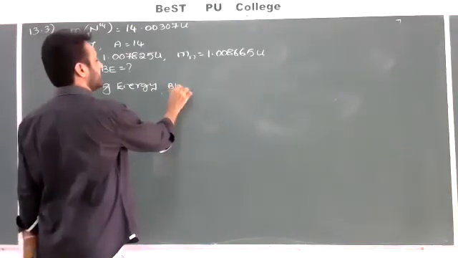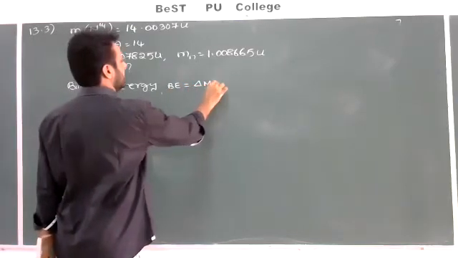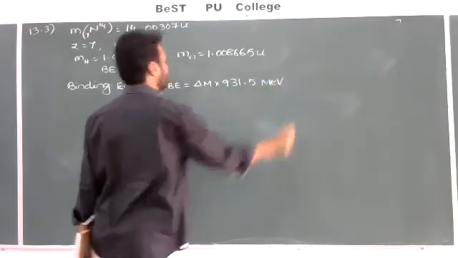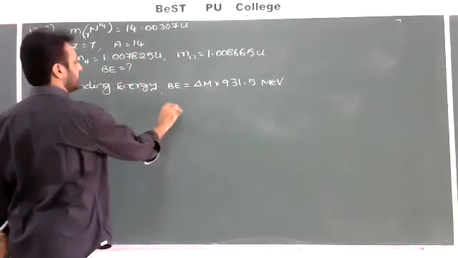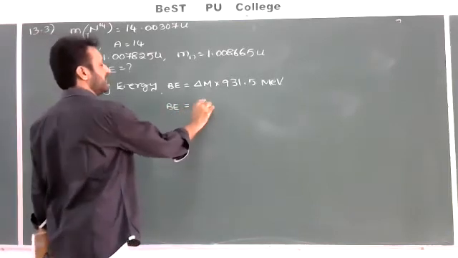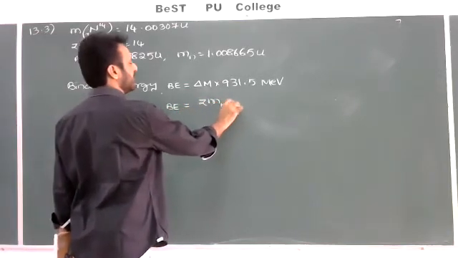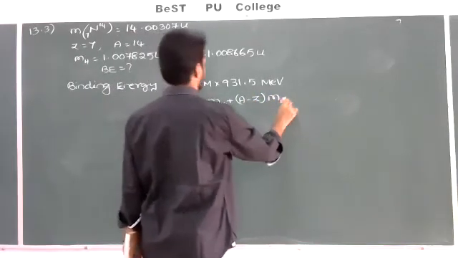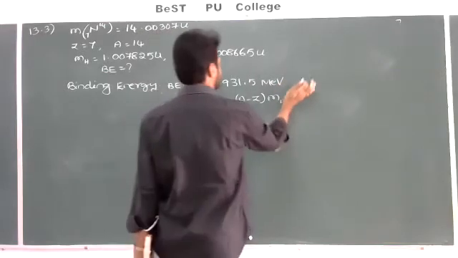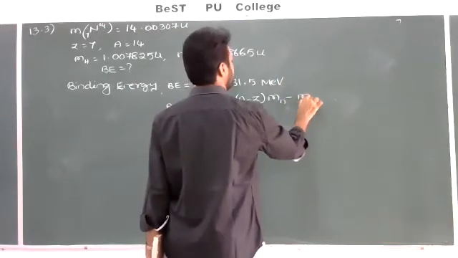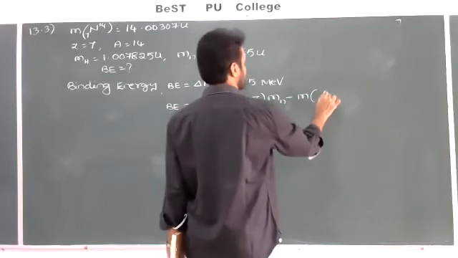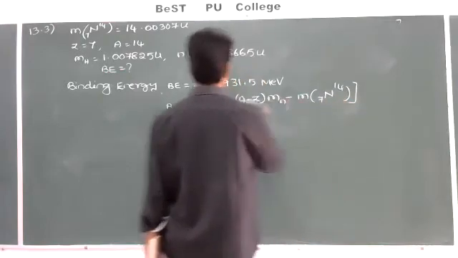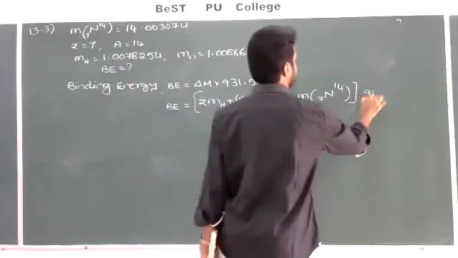Binding energy BE is equal to delta M into 931.5 MeV, million electron volt. So delta M is Z into mH plus A minus Z into mn, minus the mass of nitrogen 7, 14. Then we multiply this value with 931.5.